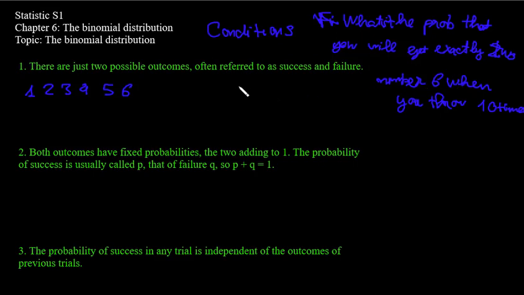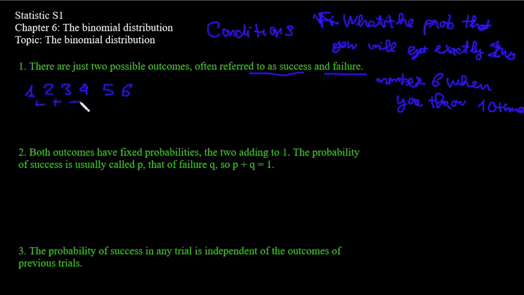So here, it refers to success or failure. In this question, success means you get a 6. Failure means you do not get a 6, so failure means you get 1, 2, 3, 4, or 5.